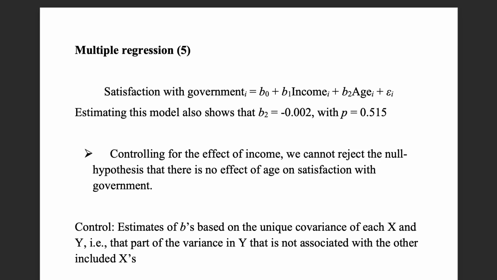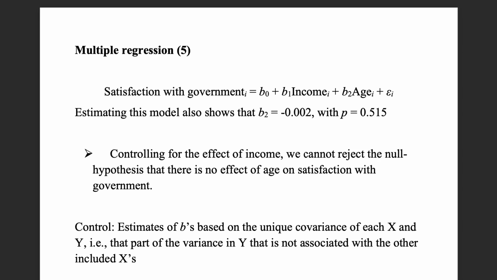In the last lecture, I briefly touched on the idea that the way we estimate these regression coefficients in a simple linear regression model is basically we're looking at the covariance between X and Y. So how do differences in X go together with differences in Y, divided by the variance in our independent variable X. So basically the coefficients that we find are based on the covariance. So how do the differences in X go together with differences in Y?